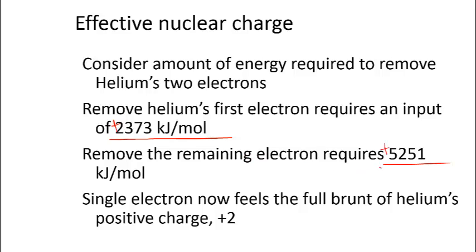The second electron, after the first electron has been removed, now feels the full brunt of helium's +2 charge because it's got no electrons to distribute this positive charge with. So now the entire effective nuclear charge is felt by one electron instead of two.